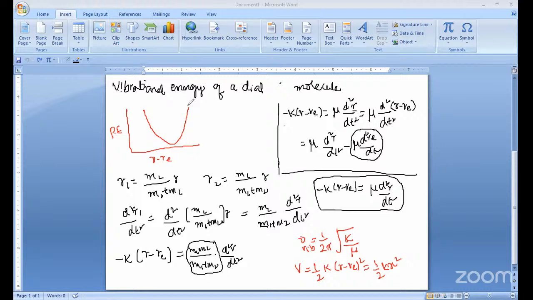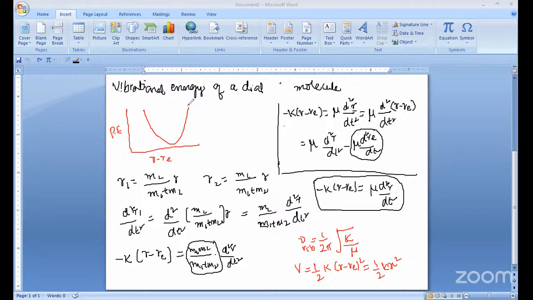But according to quantum mechanics, it has only discrete levels. That is, the molecule has certain selected energy levels only.